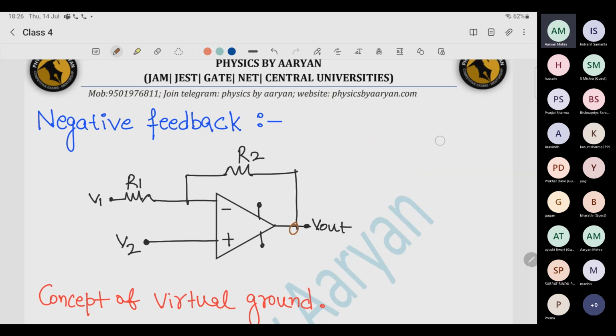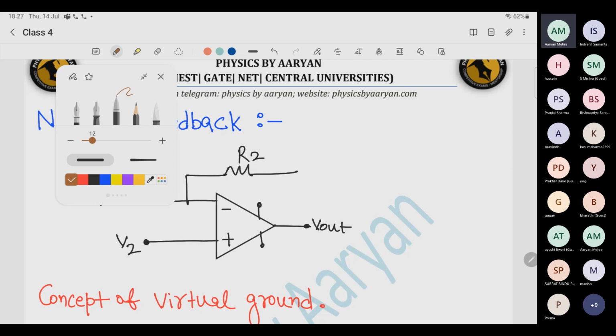Means if your input voltage is 5 and it is 2, then you are putting it in opposite. So their subtraction is 3. So you are putting -2 coming up here, so your difference of this voltage will become 1. So you are in a way putting negative feedback. We will see it more right in a bit, how this actually works.